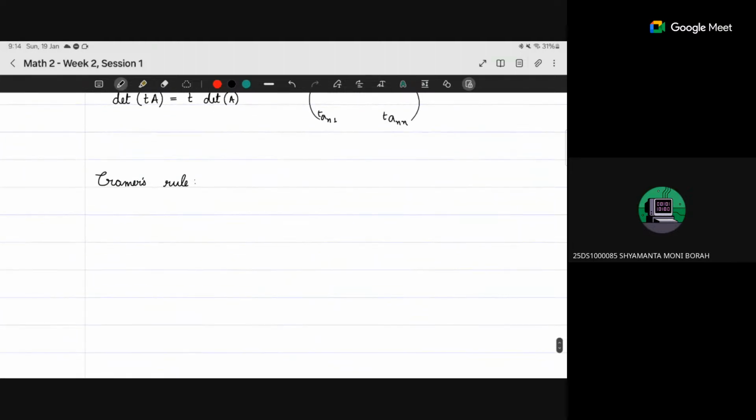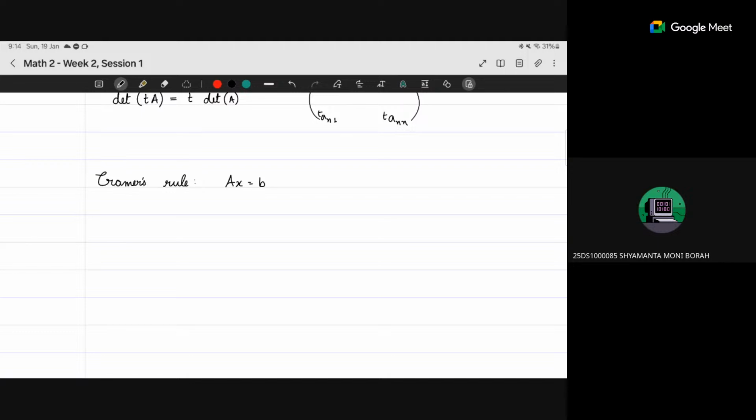Remember that our initial objective was to study things like Ax equal to b or Ax equal to 0, which is a system of equations, typically m equations in n variables, where m and n need not be equal.